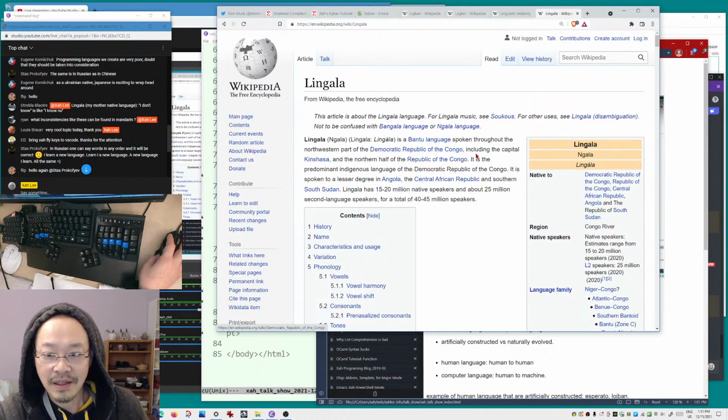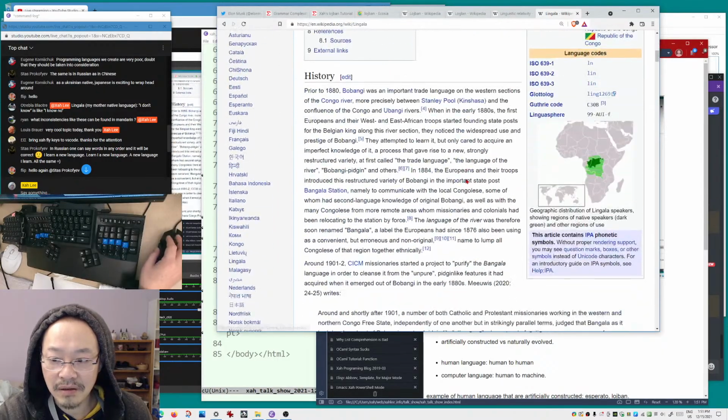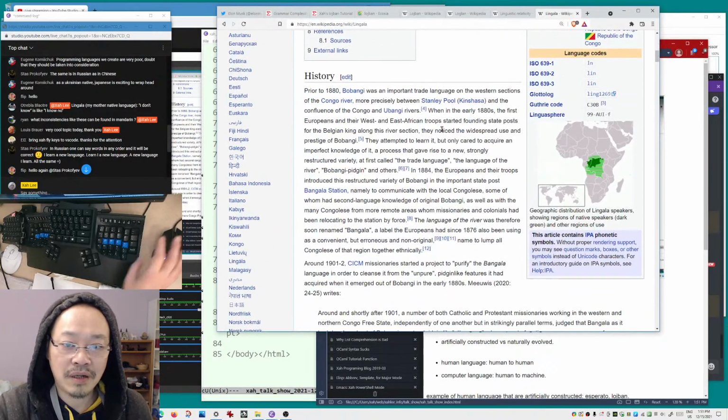Amazing. Including the capital Kinshasa and the northern half of the Republic of the Congo. Okay, so Lingala is a Bantu language spoken in around Congo. Okay, it's spoken to a lesser degree in Angola. Okay, and okay, so that's an interesting language.